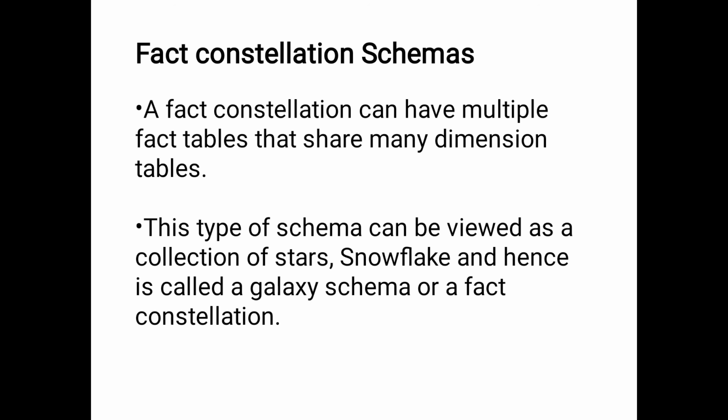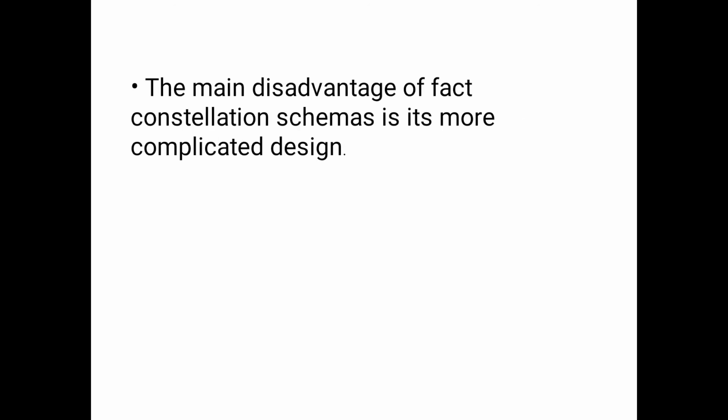This type of schema can be viewed as a collection of stars, and hence it is called a galaxy schema or fact constellation. The main disadvantage of fact constellation schema is its more complicated design.